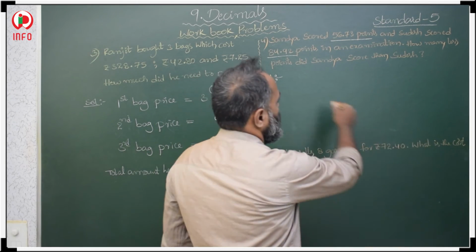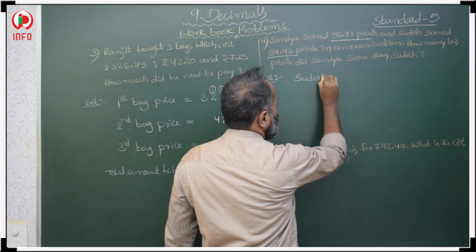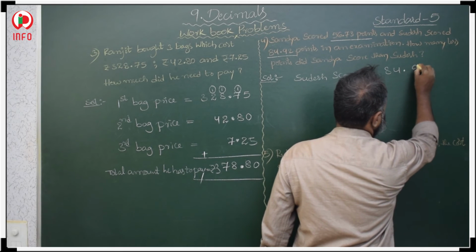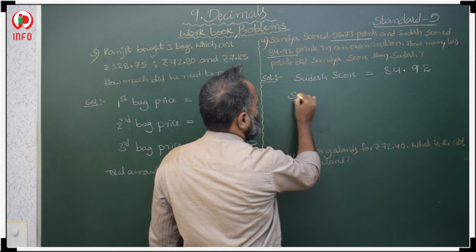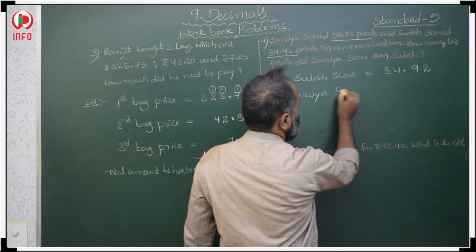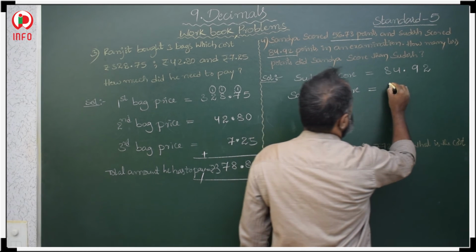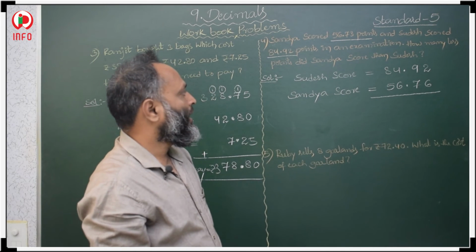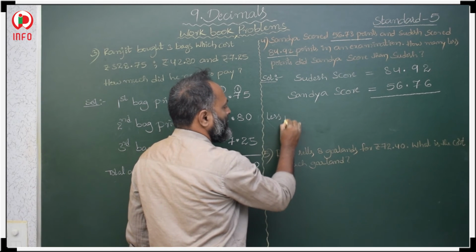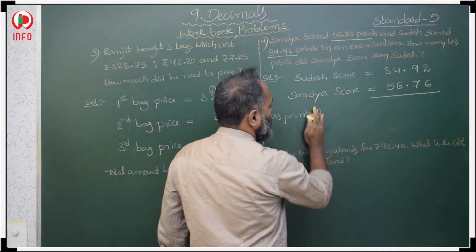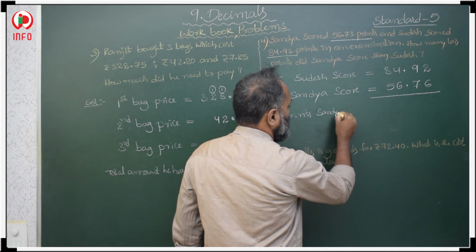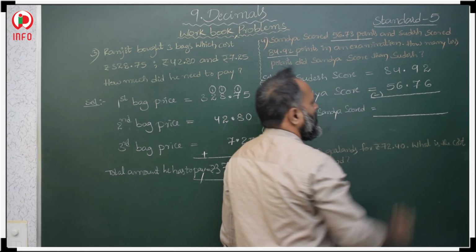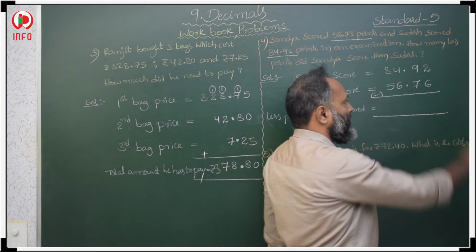Now here, Sudesh scored 84.92. Next, Sandhya scored 56.73. Now the fewer points Sandhya scored is equal to, then subtract. 2 minus 6 we cannot do, so borrow from here.